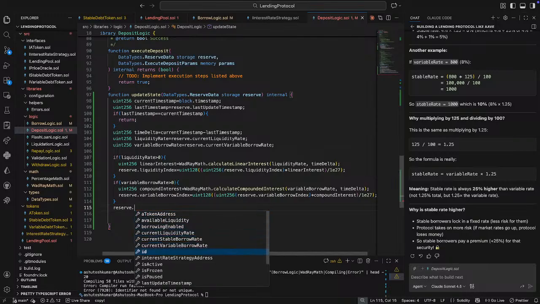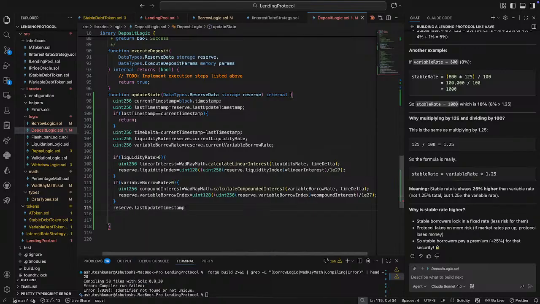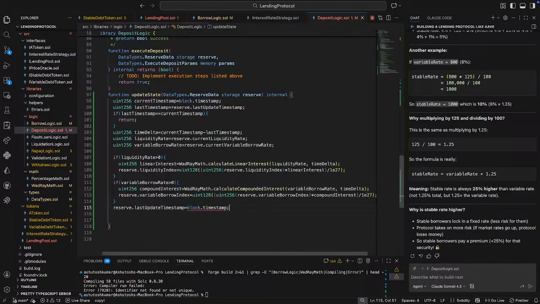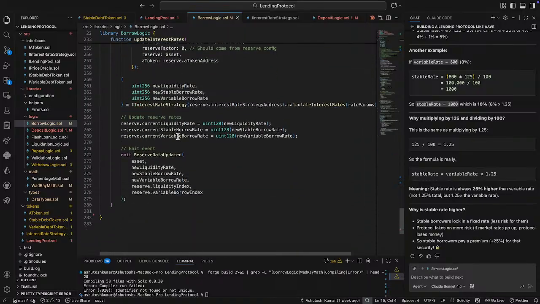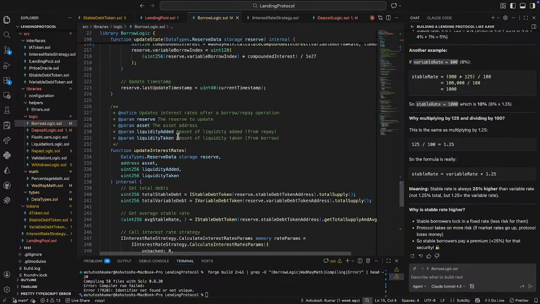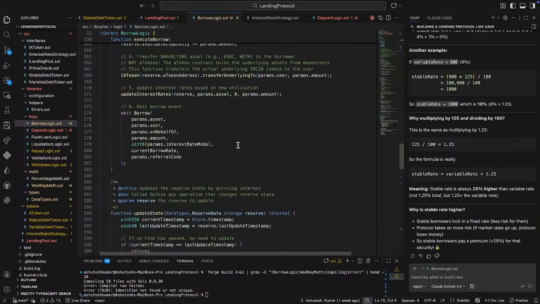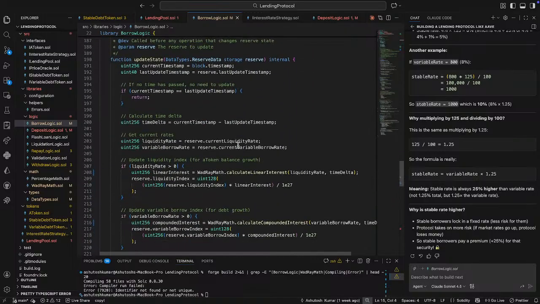What is the timestamp related? Last updated timestamp is block dot timestamp. So everything is same. Why do I have to write it again and again? Current timestamp. Where is current timestamp?